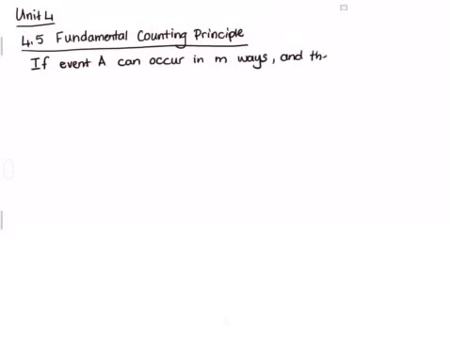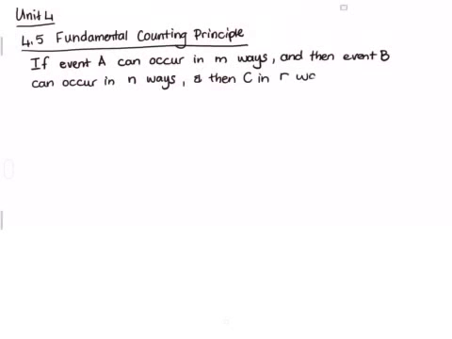And then, after you've done this thing, if event B can occur in so many ways, and then event C in so many ways.